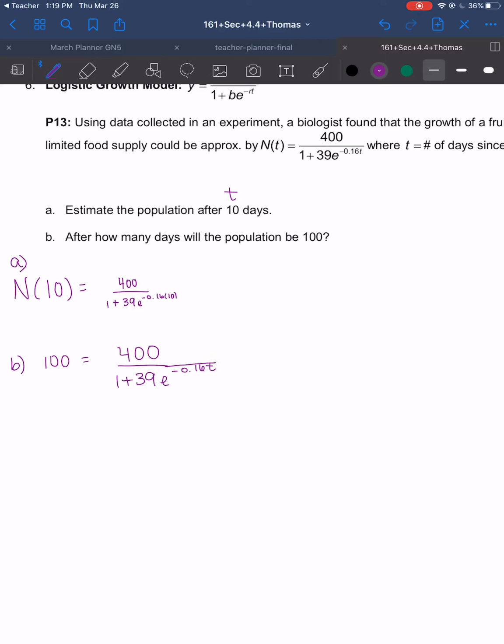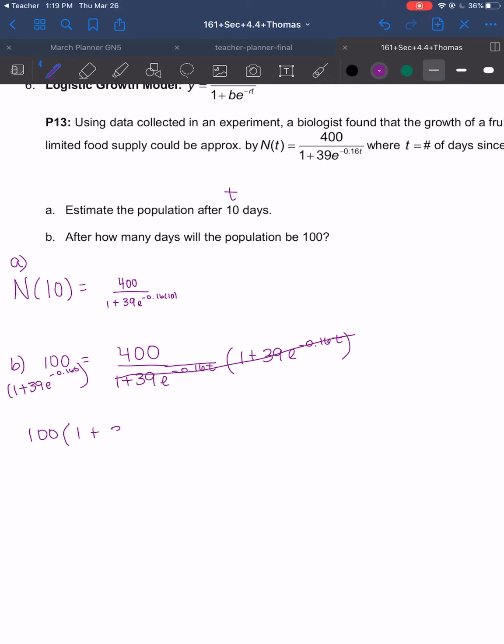So we're going to multiply both sides by the denominator, just to get it out of there. There's other ways you could do this, but to me this made the most sense. So those go away, and then I have 100 times, and I would not distribute the 100.